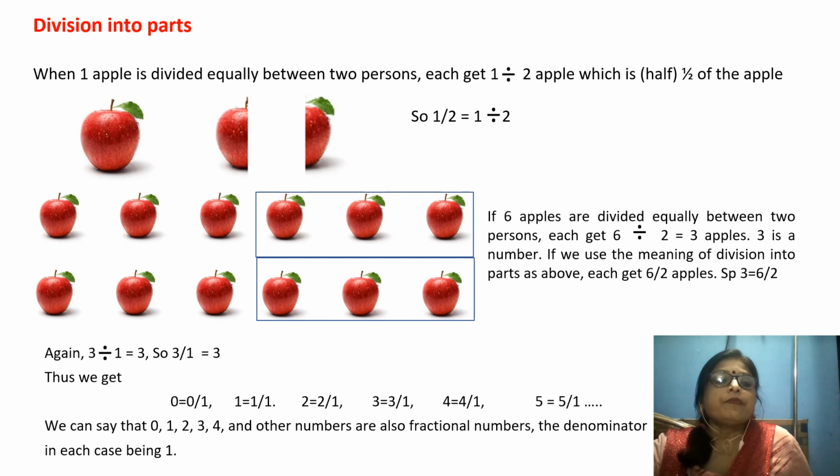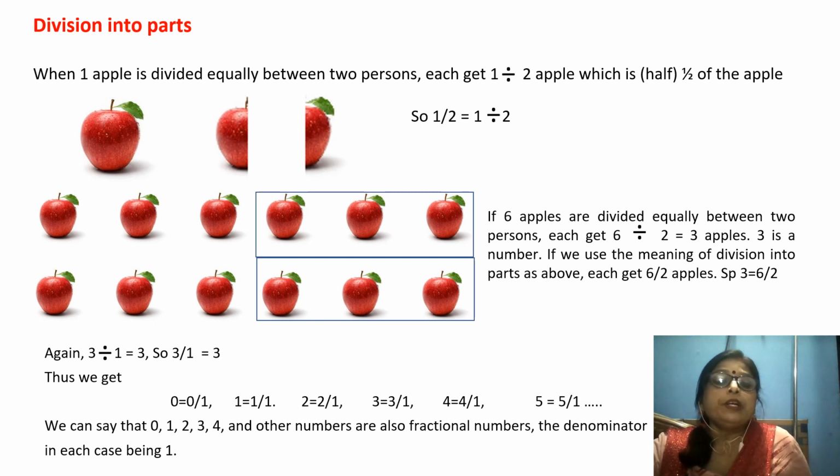My students, here the topic is division into parts. You can say that a fraction is also written in the form of division. You can understand this in this way. Here, one apple is given and you have to divide this apple into two portions, and the parts will be equal.